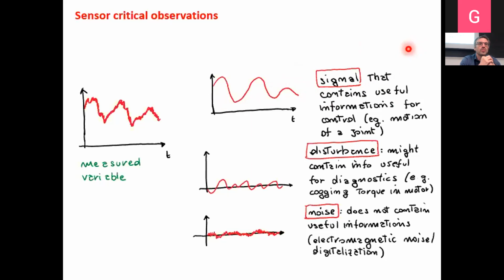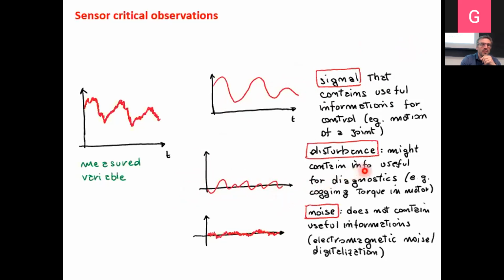You want to control the motion of the joint. Then you have another component on top of that, that is something that you don't really want, but you might want to be able to compensate. So this is the disturbance.